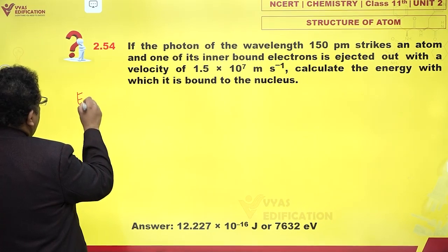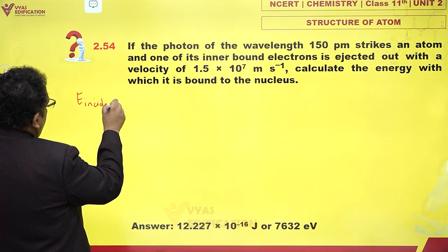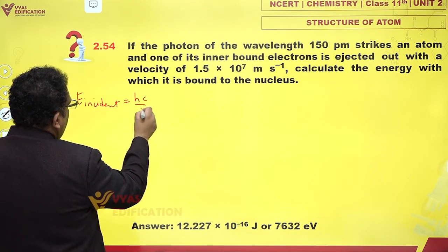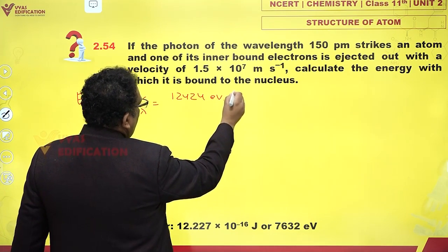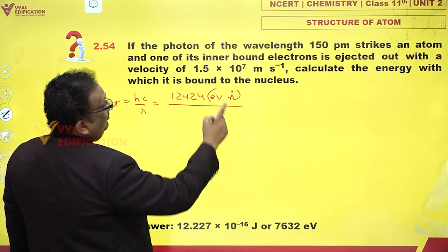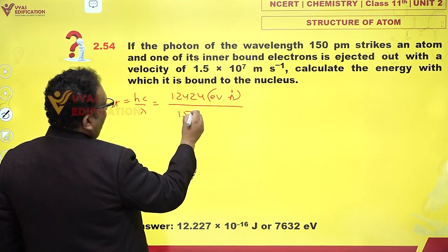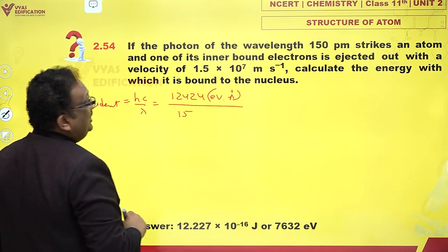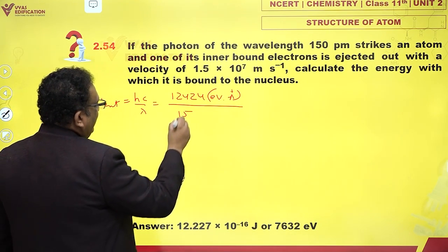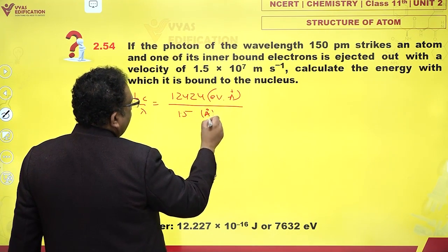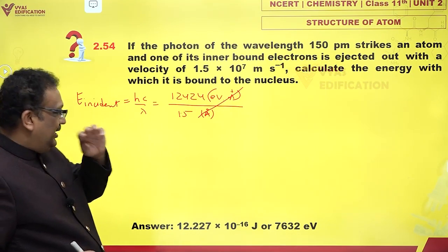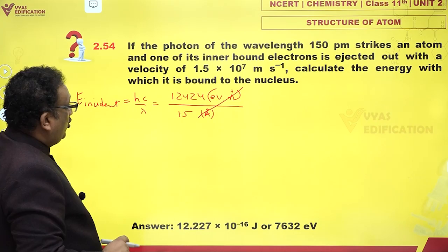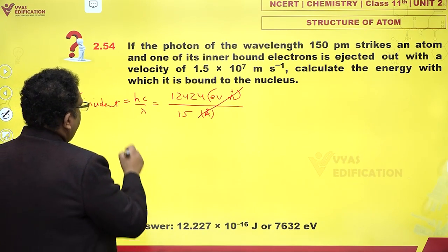So E incident, hc by lambda, which is 12424 electron volt angstrom units by 150 picometer, that means 1.5 angstrom units. This cancels off. I'll get a number, so many electron volts, and this is going to be very huge.